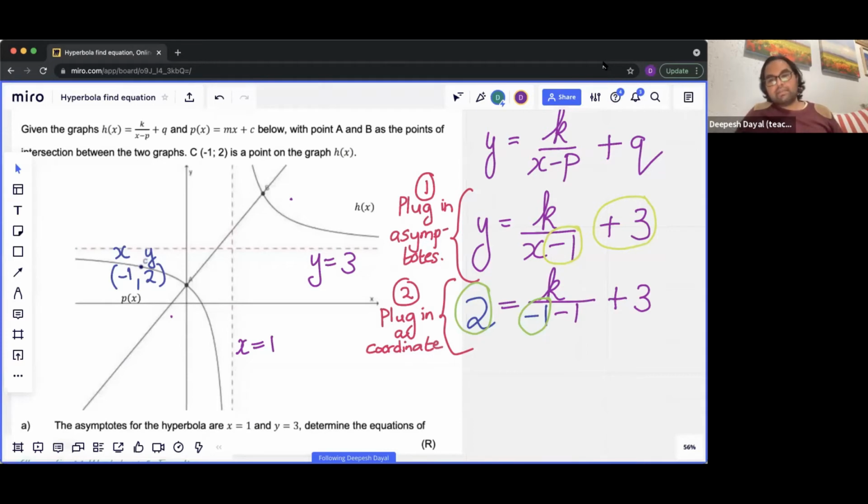Okay, so step 2, plug in a coordinate. And we're going to solve for k. Now it's your turn. So find k and put it in the chat and let me know what you get for k. Very similar to what we did at the start of the lesson.